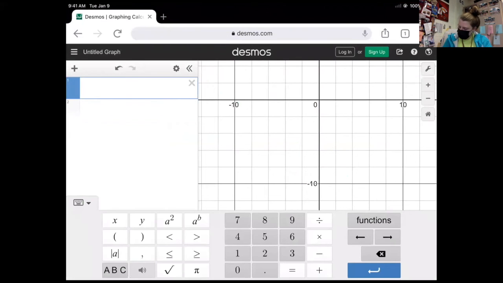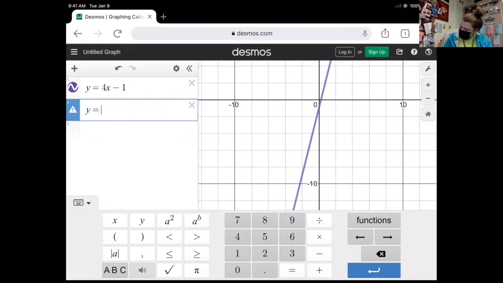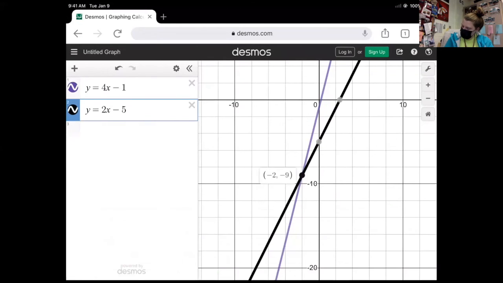Is that what the first one is? Okay. And then y equals 2x minus 5. And you should be able to click on the point where they cross and the coordinate should show up. So let me know if that doesn't happen.